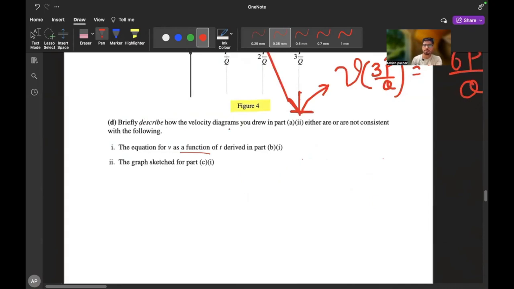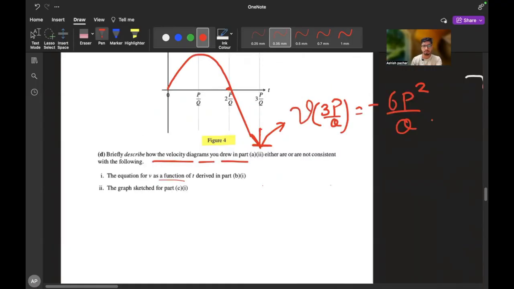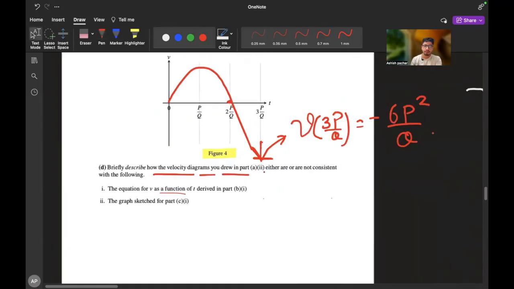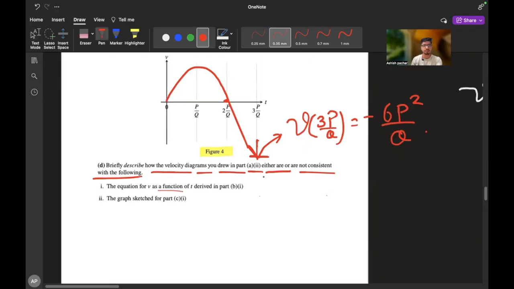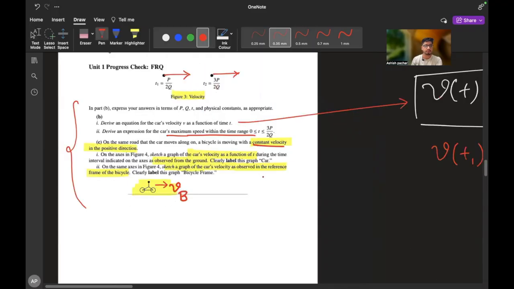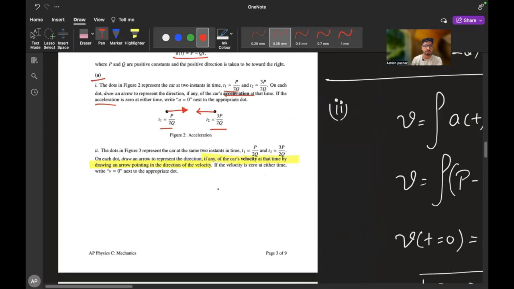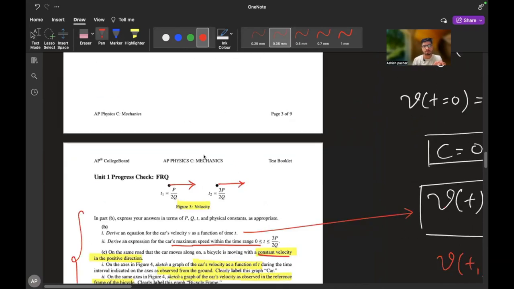Briefly describe how the velocity diagram that you drew, the velocity-time graph that we had drawn in the A second part, is or is not consistent with the flowing. So basically in the A second part, we found the velocity direction.